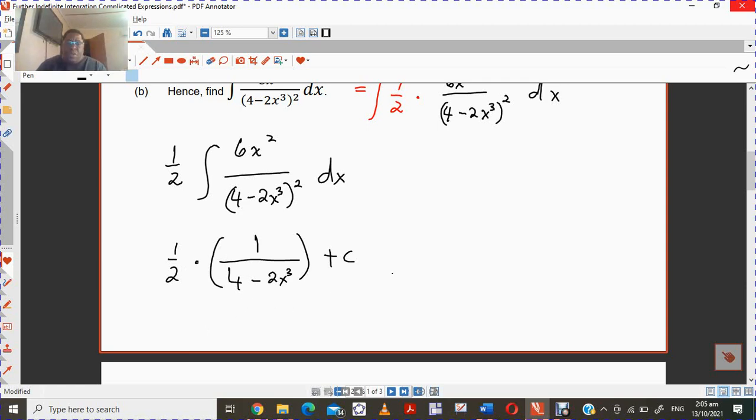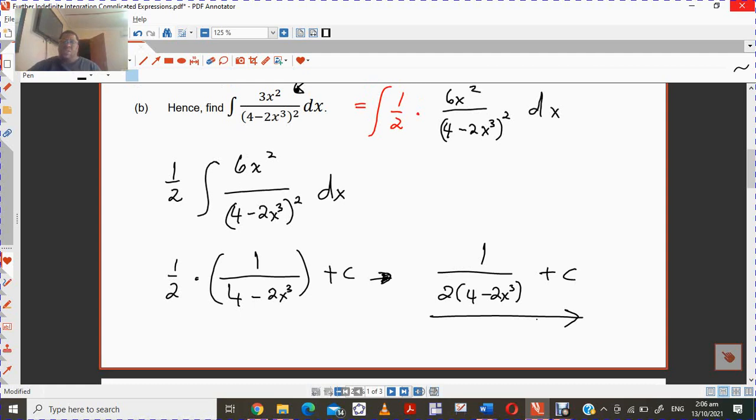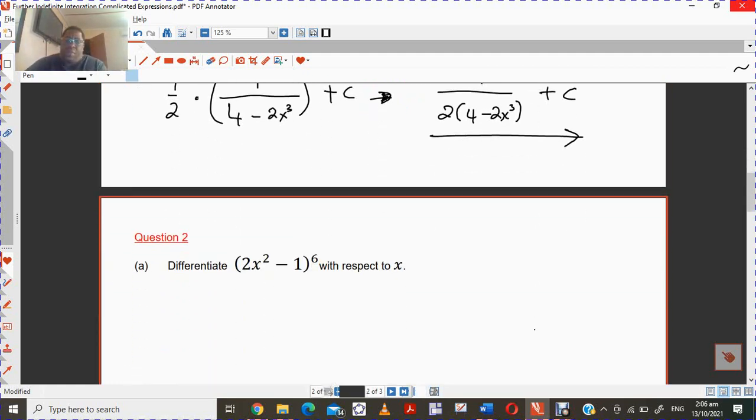So this can be written as 1 over 2, then in brackets you put 4 minus 2x cubed, and then plus c. You can also leave your answer like that. Please don't forget that whenever you are integrating, you need to always put the plus c there.